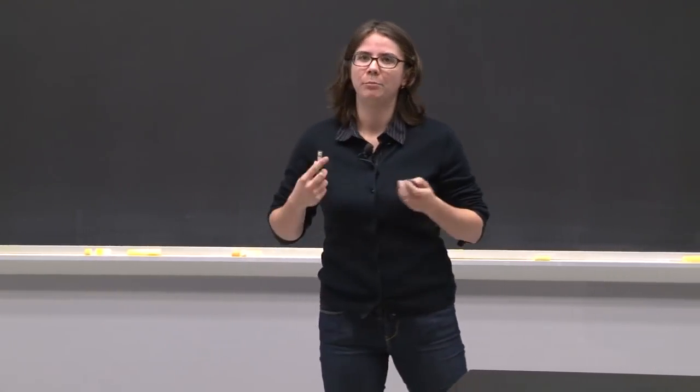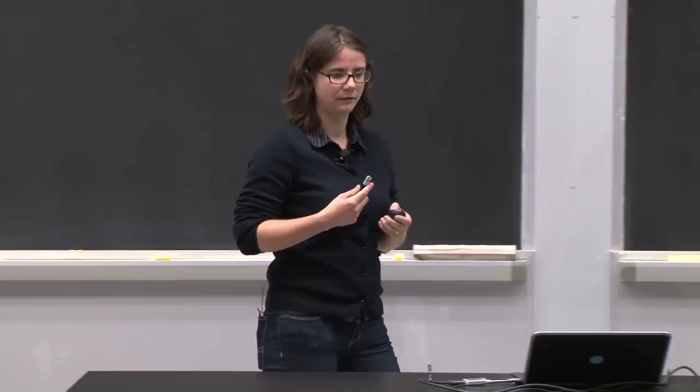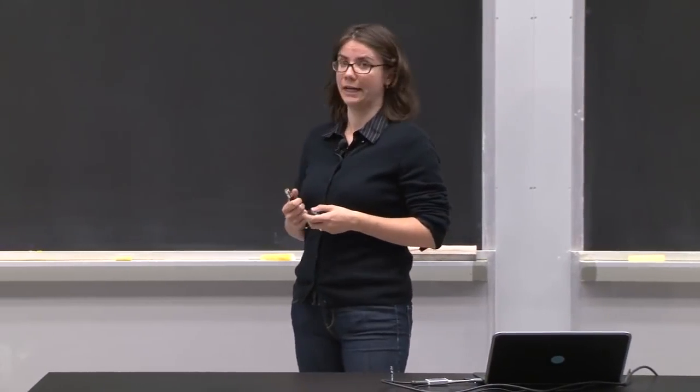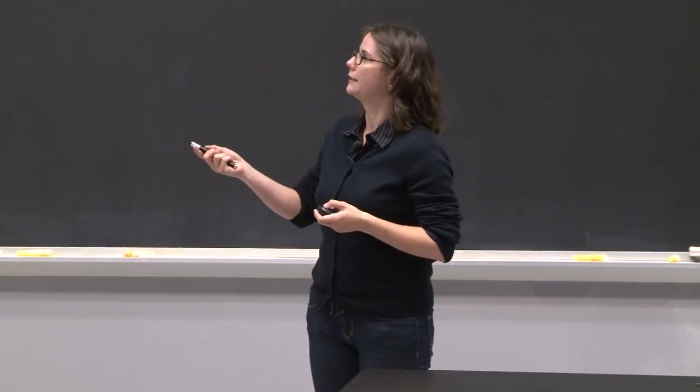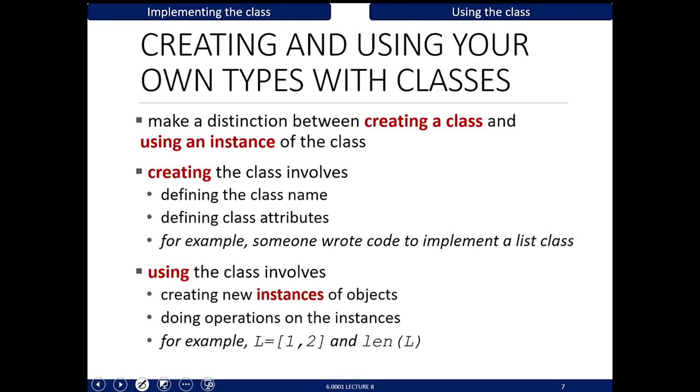So when you're thinking about implementing your own data type, you do that with this thing called a class. When you create a class, you're going to figure out what name you want to give your class, and you're going to define some attributes.